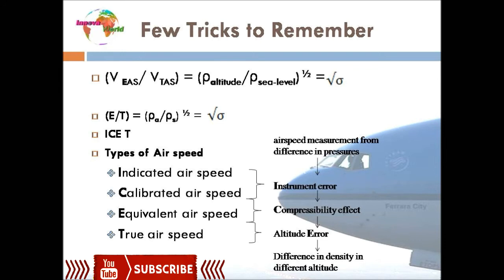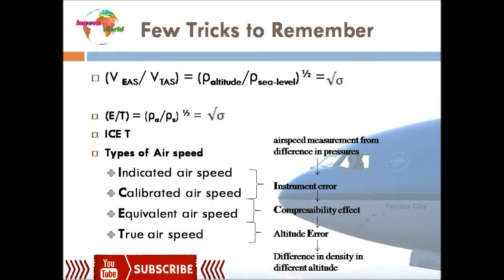We know one more thing: the density at sea level is 1.225 kg per meter cube. The above quantity is sigma. Sigma means rho, the density at altitude, by rho at sea level. That means the density ratio, sigma.